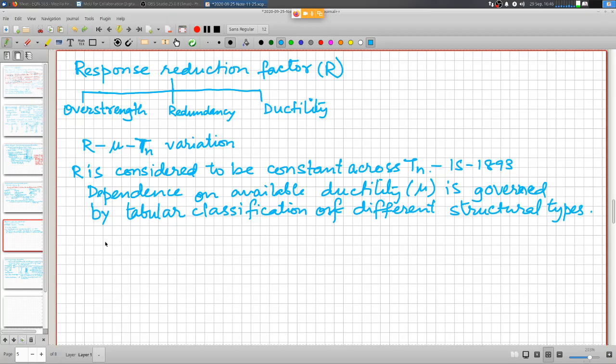All that response computation will be scaled down by this factor R, and that reduced seismic demand will be considered in the load combination for structural design, earthquake load combined with the dead load and live load, and then provide the section reinforcement as required based on whatever is the critical load combination and critical demand, right? So that is the basic process.